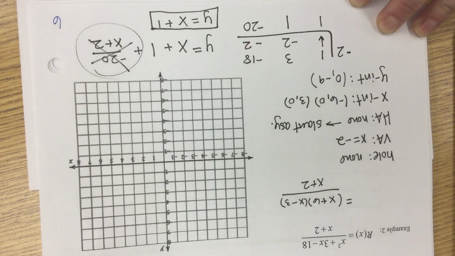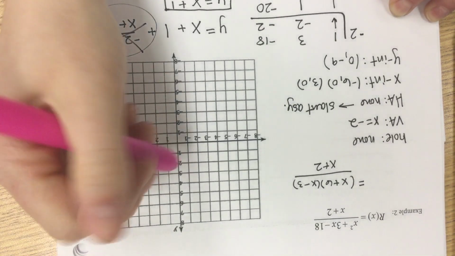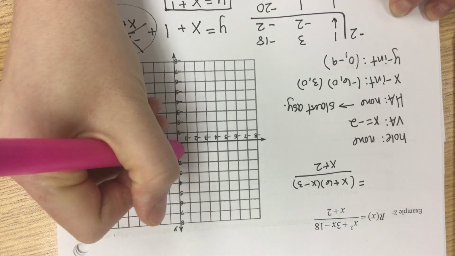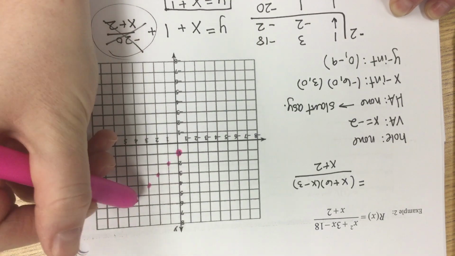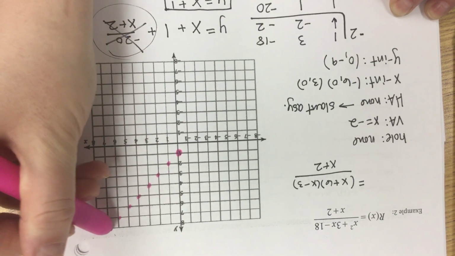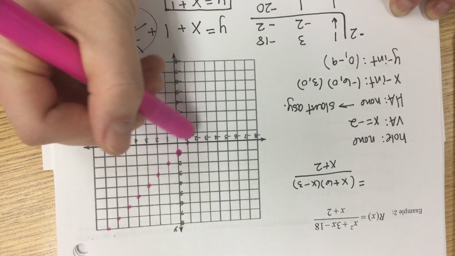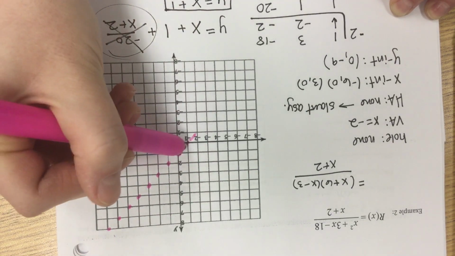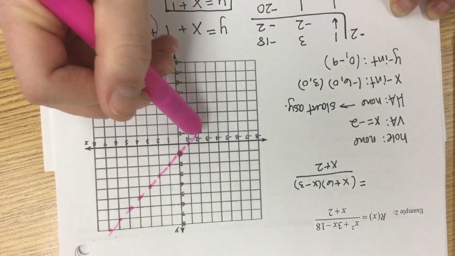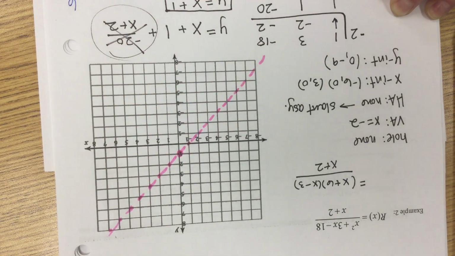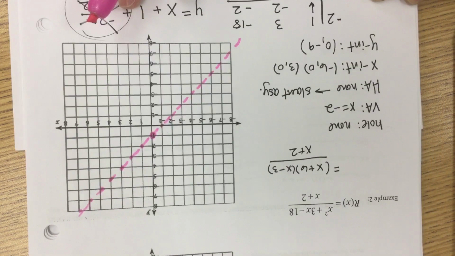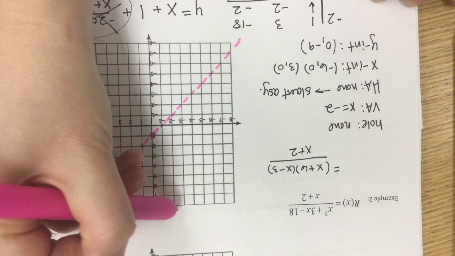So when I go to graph this, I know that I have a y-intercept of 1. The slope is 1. So I'm going to do as many points as I possibly can, just because I like to. Okay. I know that my vertical asymptote is x = -2.